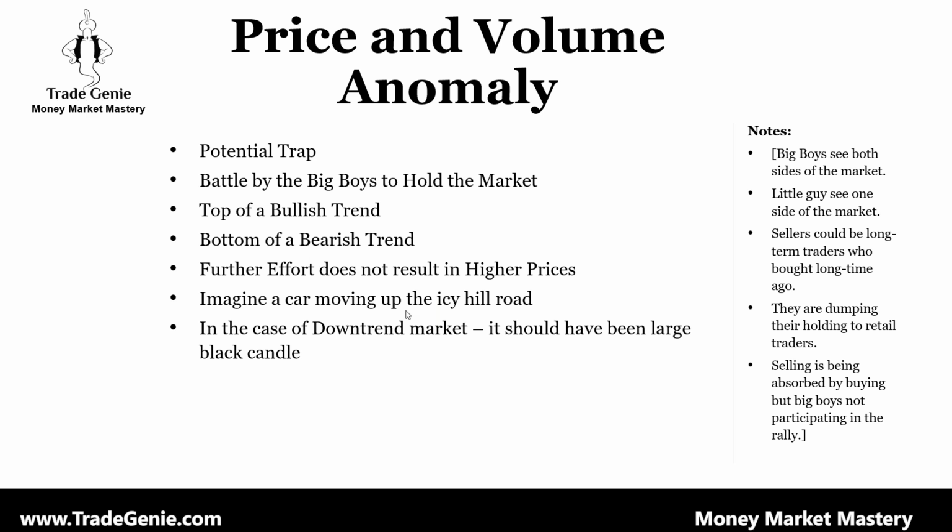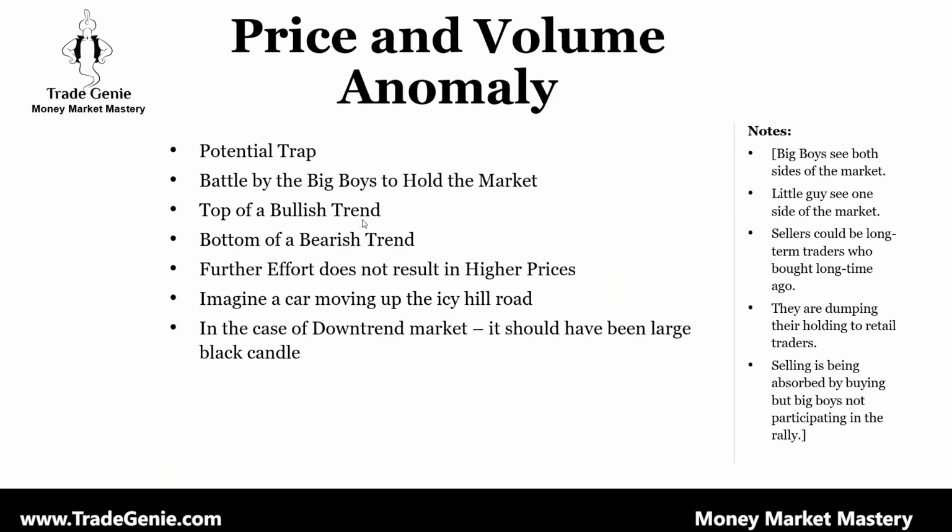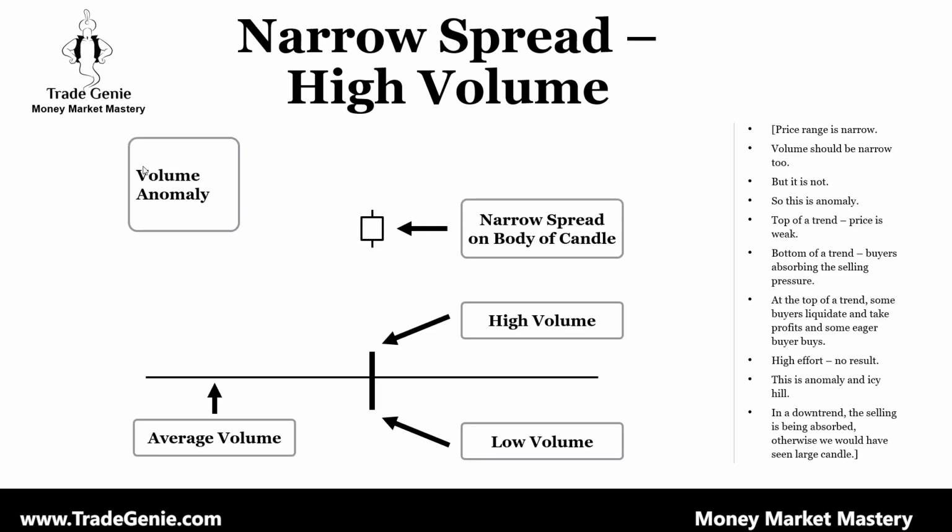Imagine a car going up an icy hill road. It doesn't matter how much pressure you apply, because the road is icy, the car is not moving up the mountain. In the case of a downtrending market with huge volume, this should have been a large black candle, but this is a white candle.